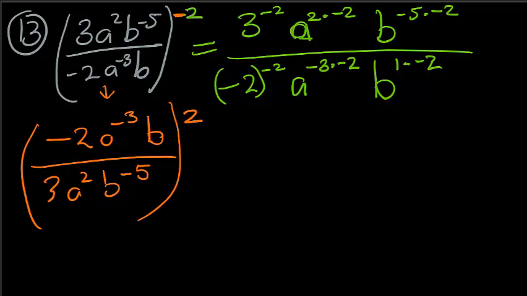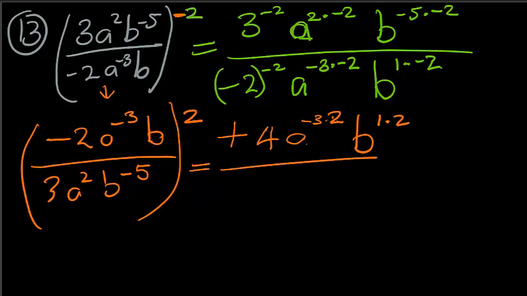Let's move forward. Let's stick to the orange one. What are we going to do now? We are going to multiply the square sign in. So minus squared becomes plus. 2 squared is 4. a^(minus 3 times 2), b^(1 times 2) over 3 squared is 9, a^(2 times 2), b^(minus 5 times 2).